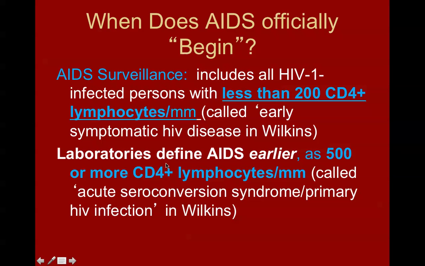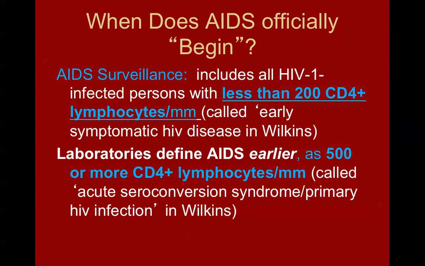Okay, laboratories define AIDS earlier, and the reason that they do that, I would only be guessing, but I assume it's so that they are a little more aggressive in treatments, and where they're not just collecting data, they are treating patients, and their laboratory indications are what inform physicians as to the protocol for treatment.